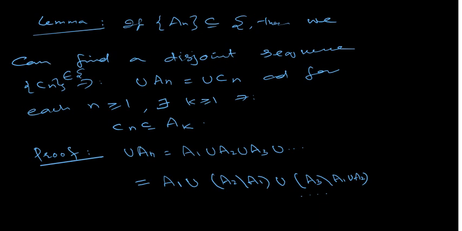Now next, this A1 as it is union this A2 minus A1, it can be written as a finite disjoint union of members of this S. It's actually a semiring. So this A2 minus A1 can be written like this: A21 union A22 union, and so on.